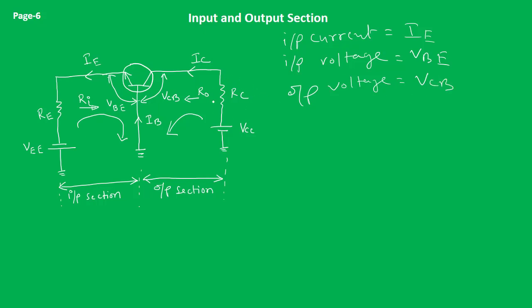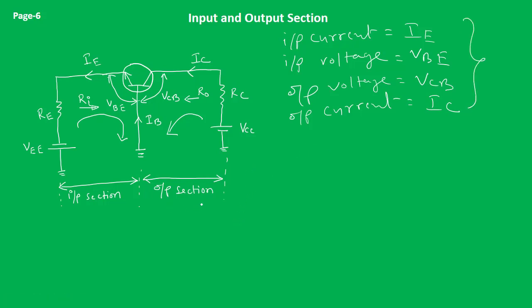We are not considering the load voltage. RC you can consider as the load, and that can also be called the output voltage, but for the time being we are concentrating on the transistor part, so we are not considering it at this moment. Our output voltage is VCB and the output current is IC. These are the input and output parameters associated.